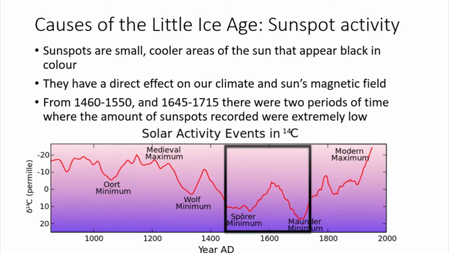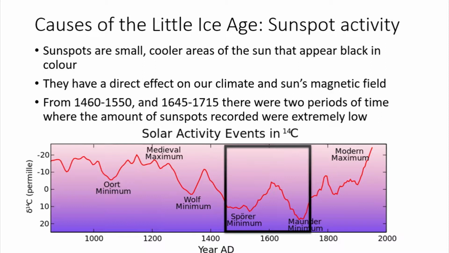First of all, sunspot activity. Sunspots are small, cool areas of the sun that appear black in color. They look tiny, but they can be much bigger than the Earth, and they have a direct impact on our climate and the sun's magnetic field. From 1460 to 1550 and 1645 to 1715, there were two periods where the amounts of sunspots recorded were extremely low, the Spörer minimum and Maunder minimum.